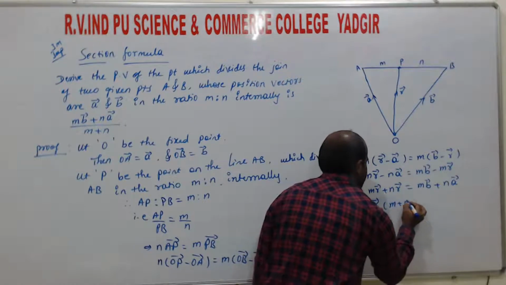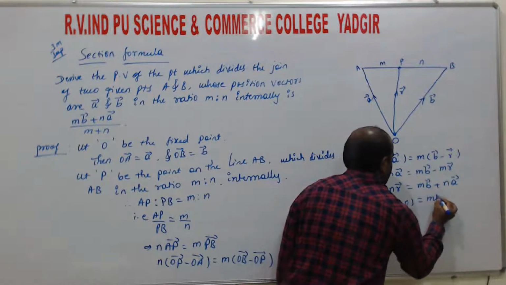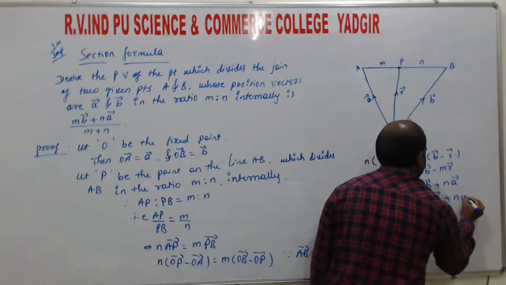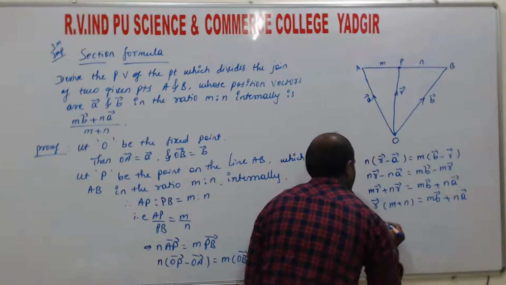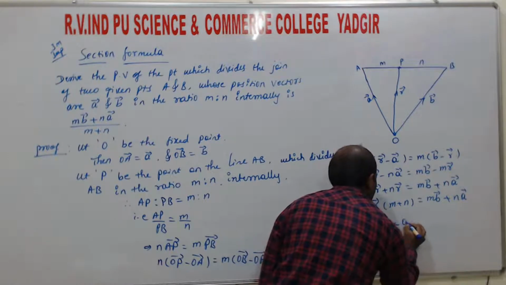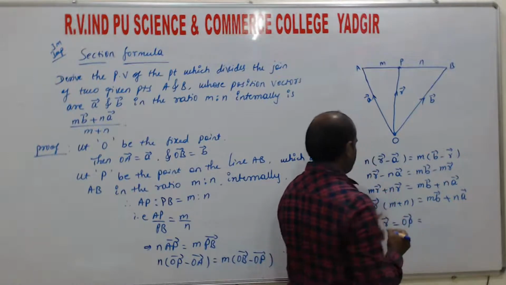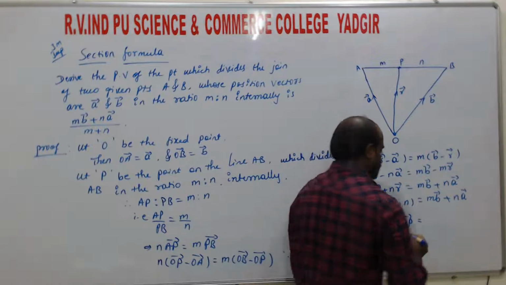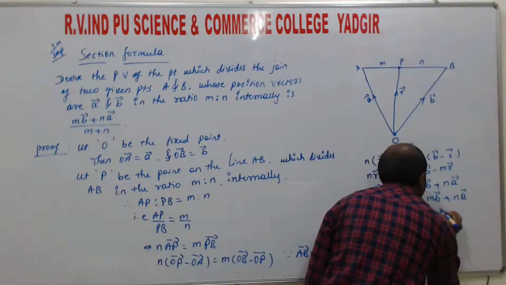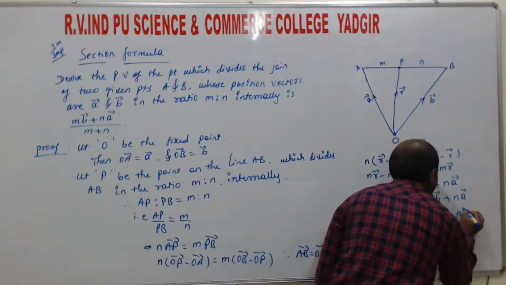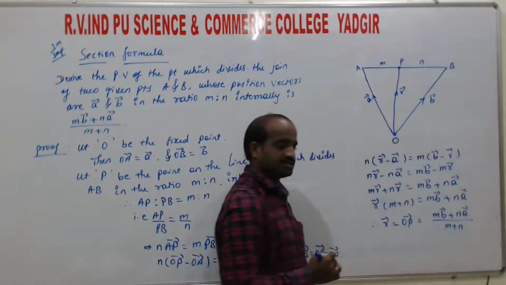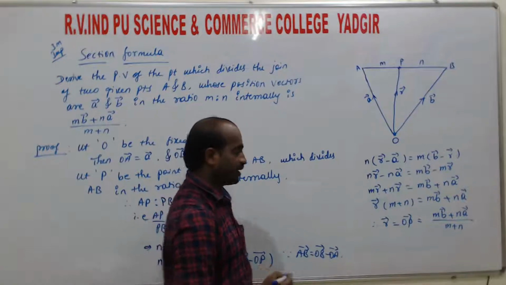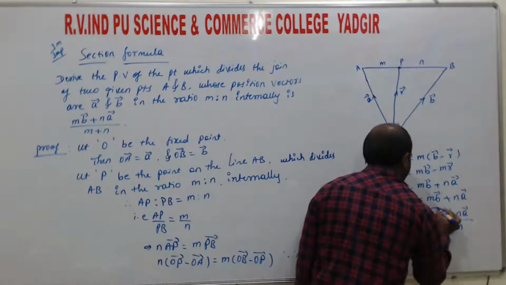M plus N times R equals MB vector plus NA vector. Now, therefore, R vector is equal to OP vector is equal to MB vector plus NA vector divided by M plus N, with M plus N going to the denominator. This is the section formula for internal division.